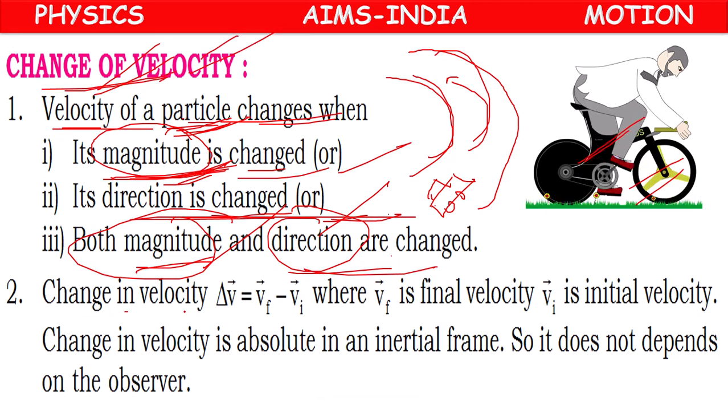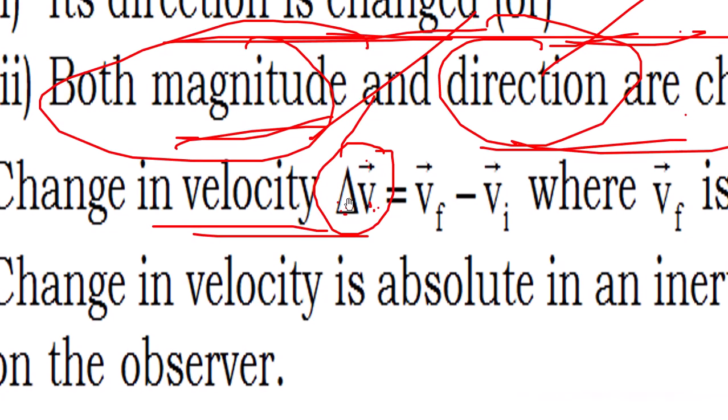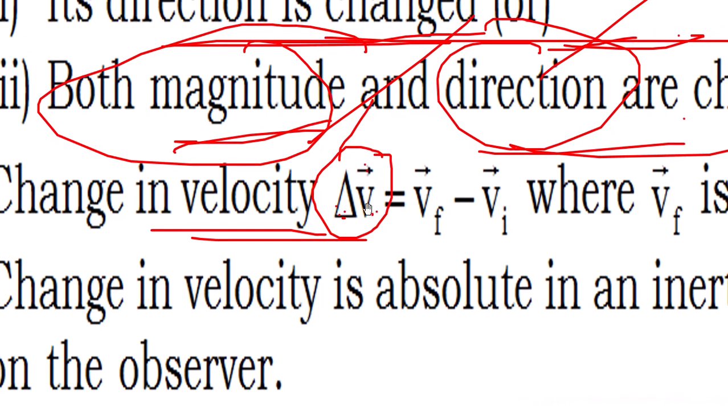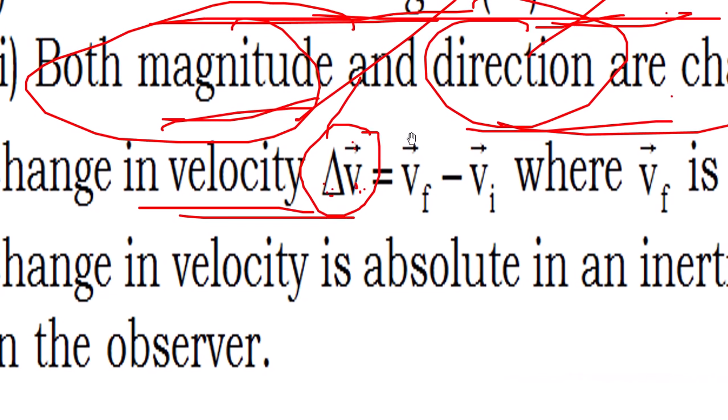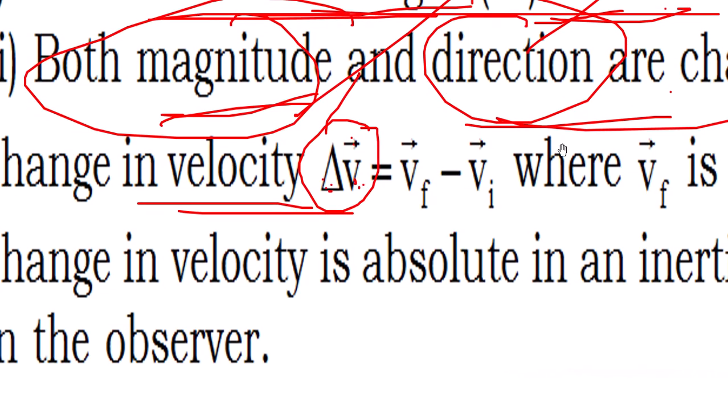So change in velocity means delta v bar, because velocity is a vector. Delta denotes change in velocity vector. Delta v bar means, here children, delta stands for change, v stands for velocity, bar stands for vector. Change in velocity vector equals final velocity vector, Vf, minus initial velocity vector, Vi.